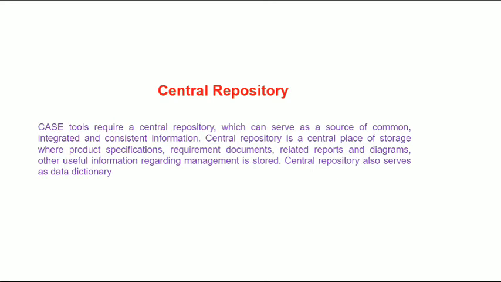Here we normally store all the details of the project, and all the terms that come into your project, that is the data elements, the flows, the stores, all those things, in one place, which you normally call the data dictionary. So the central repository is the store of all the data and related entities, which forms the data dictionary.